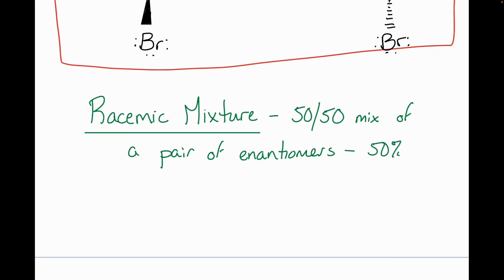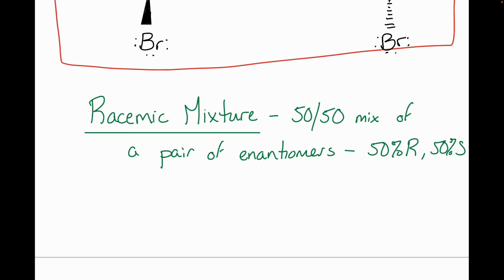Right, so 50% R, 50% S. Some reactions that we discussed, so for example, SN2 reactions are stereospecific. They'd only produce one of the two possible isomers. Other reactions, ones that go through carbocation intermediates, always produce racemic mixtures, 50-50 of both.